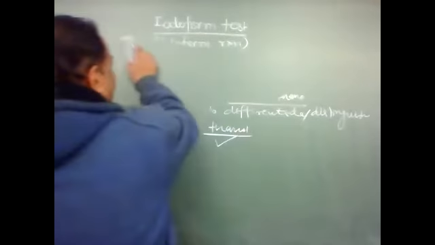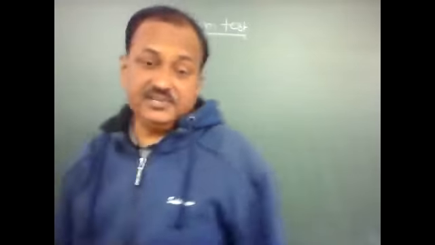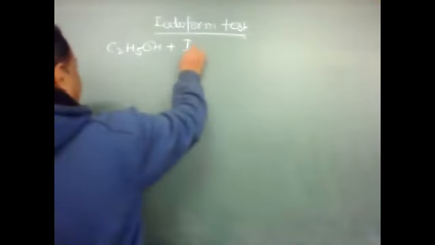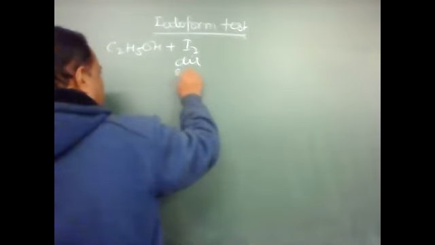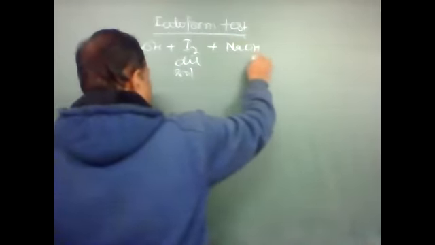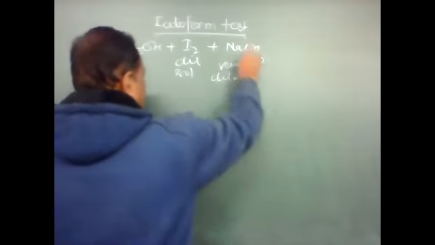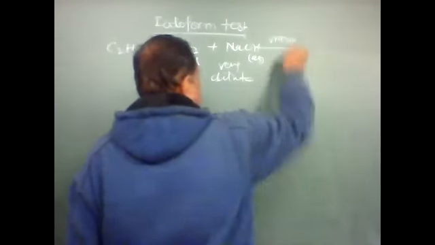Now the point is how we do this. This test is very simple. We take C2H5OH, we add a dilute solution of iodine, we add very dilute NaOH and warm.